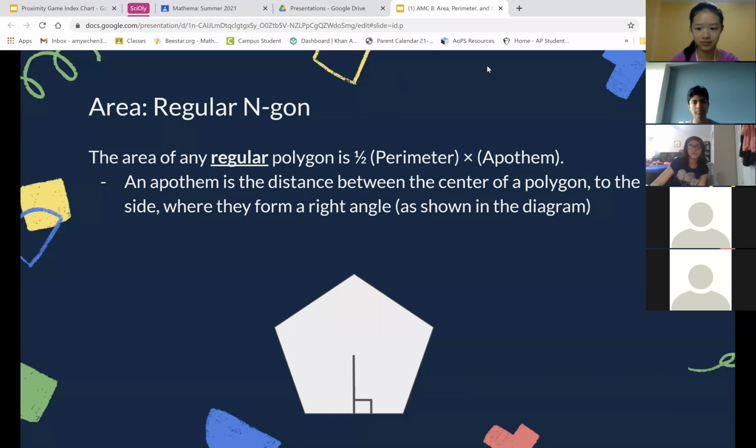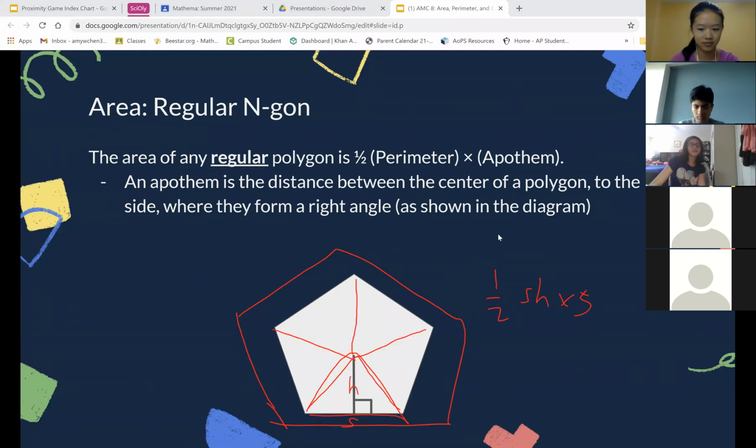I had a question. You had written the 1/2 sh times s. Is that another formula? Oh no, it's the same thing. I was just showing you how we got it. It's sh times 5, but that's just for this example. It's just 1/2 sh times the number of sides.